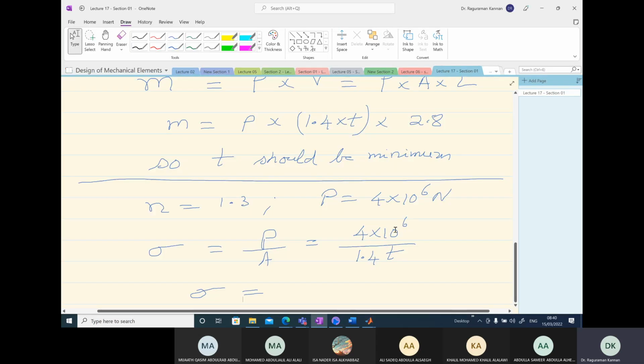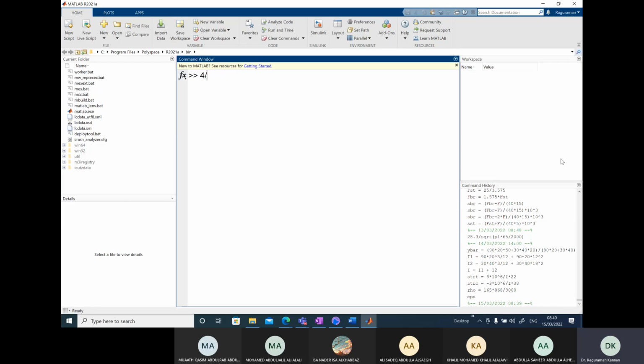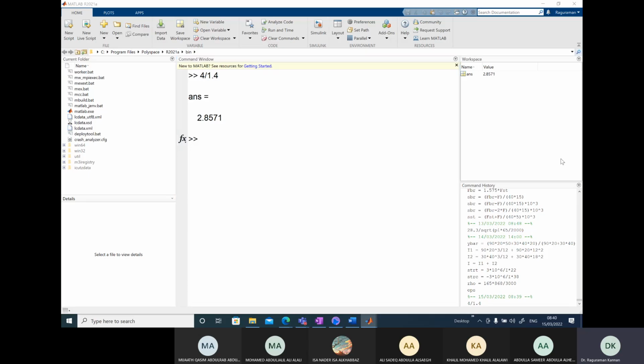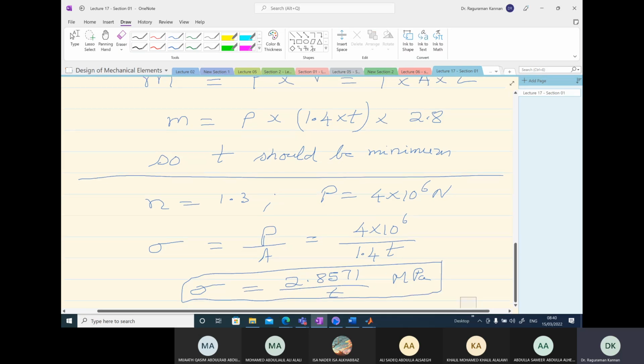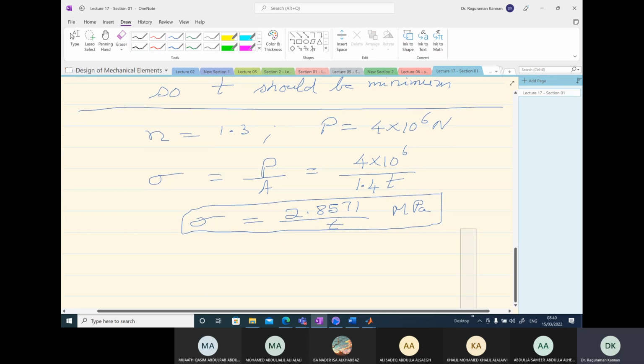So we can neglect this 10 power 6. 4 over 1.4, that is the value we want. 2.8579 over T megapascals. So this is the stress. Okay. Nominal stress we have calculated.